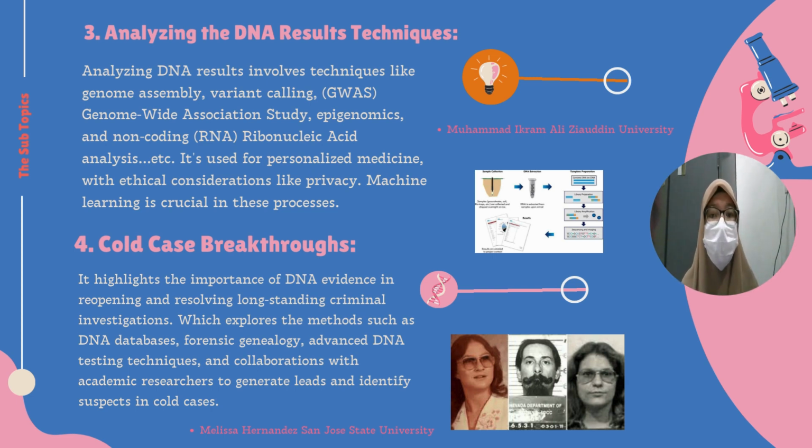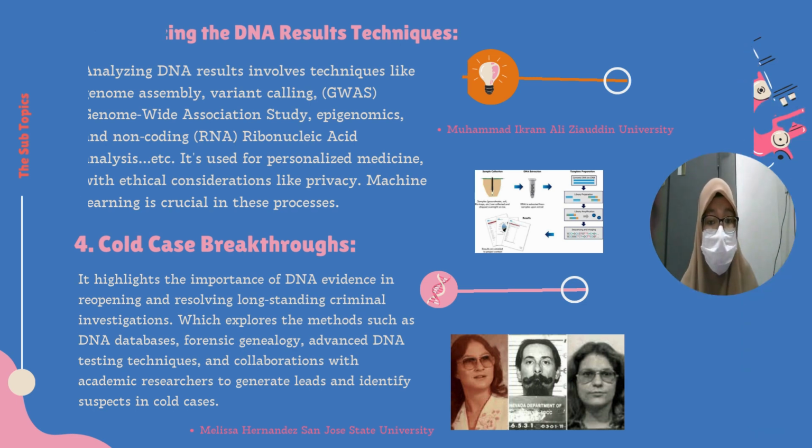For the fourth point, called case breakthrough, we highlight the importance of DNA evidence, and we can use this database to solve crimes from the past, cases that have not been solved yet, and find the connection between them. Maybe they come from the same family and so on.